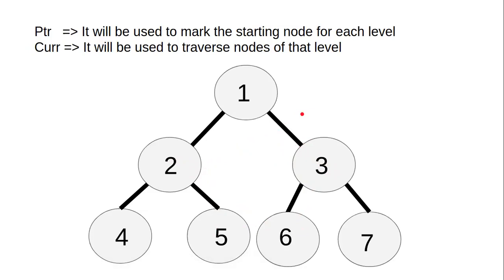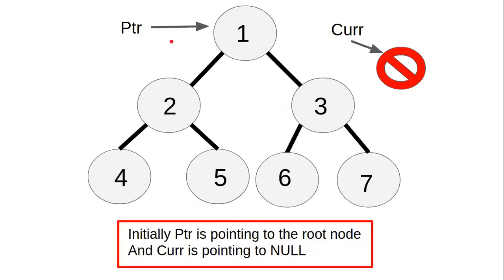So if I just begin with the algorithm, first of all, PTR is currently pointing to the root node and current is currently pointing to the null node. The job of PTR is to find whether the left child is existing or not.